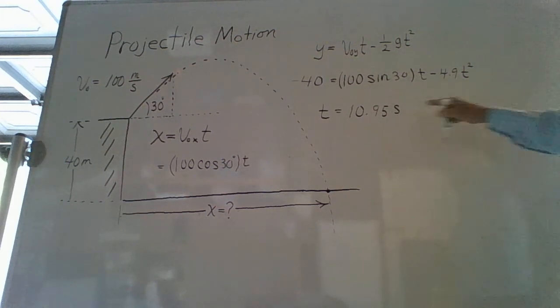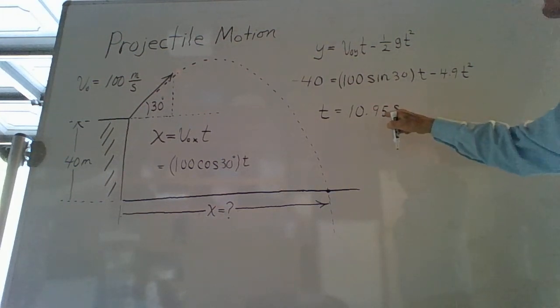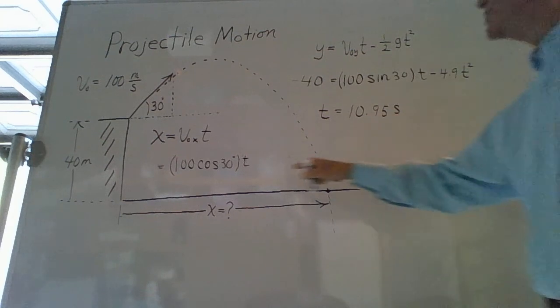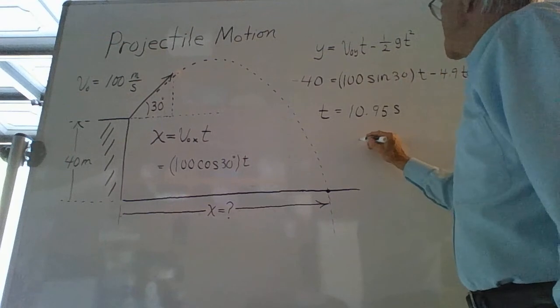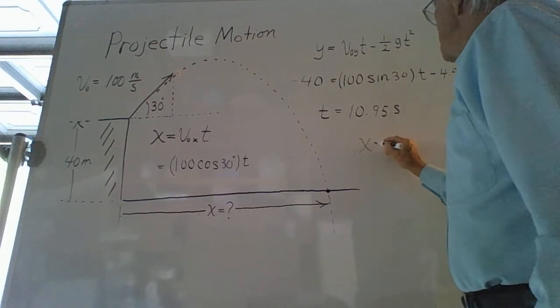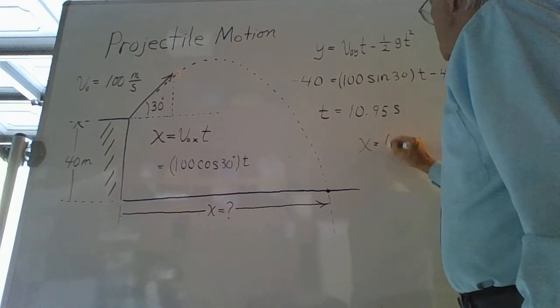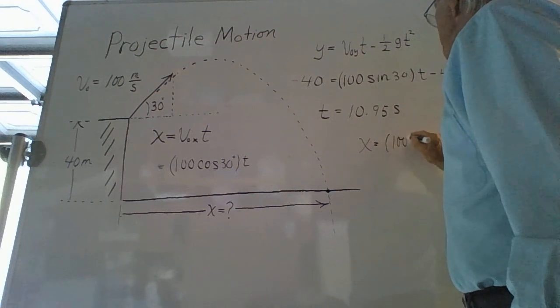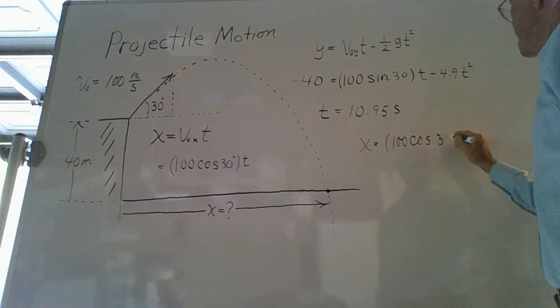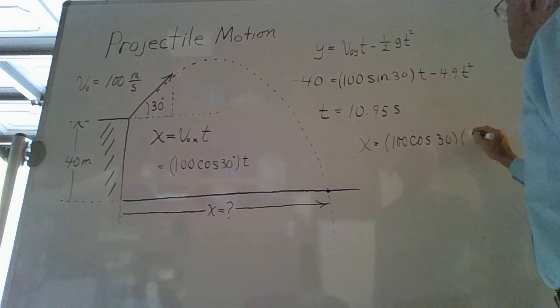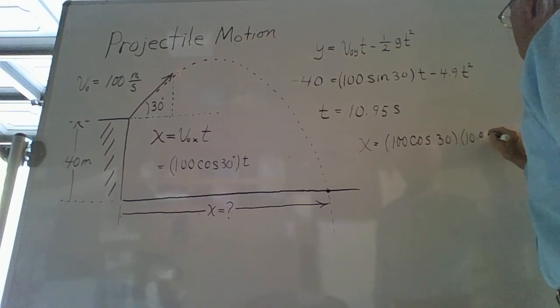Well, now we have the last piece of the puzzle, the value of t that we put right there to solve for x. I'll do that here. X equals 100 cos 30 times 10.95.